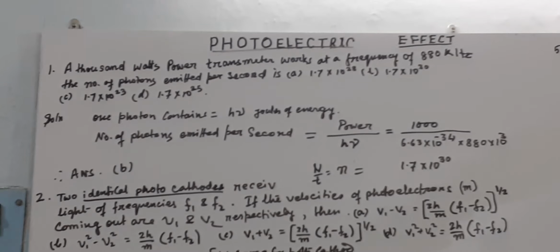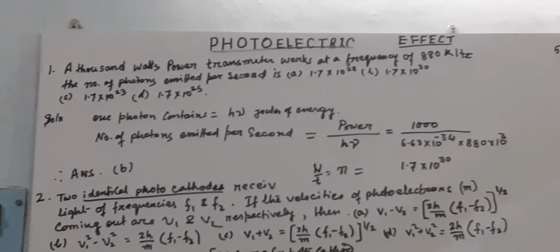A 1000 watt power transmitter works at a frequency of 880 kilohertz. The number of photons emitted per second, 4 choices are given.